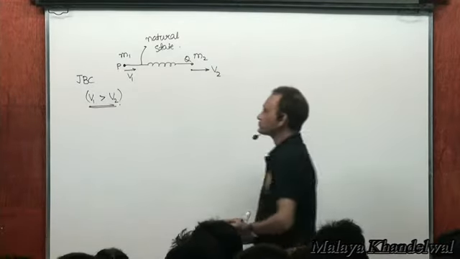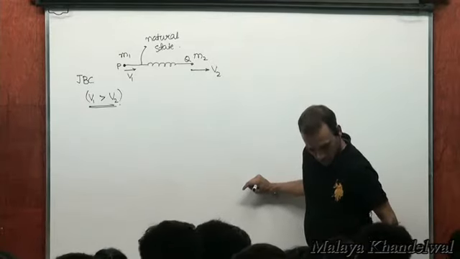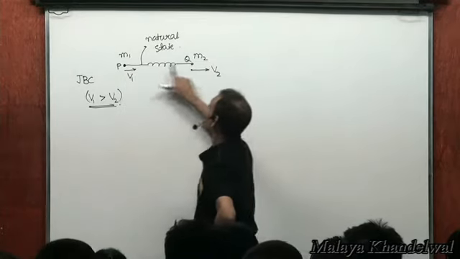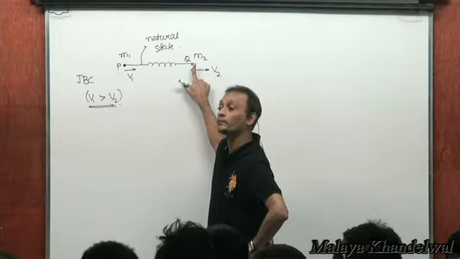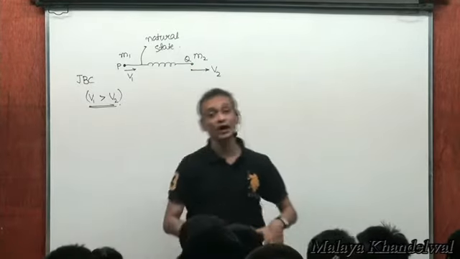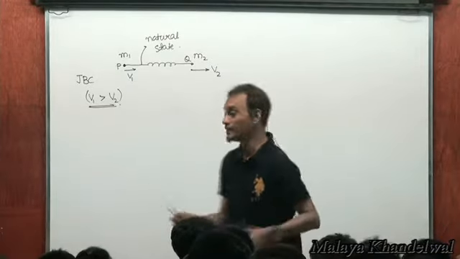Now, if this end has a velocity higher compared to this end, what would happen to the spring? It will get compressed, right? The spring starts getting compressed. Whatever I am talking of is for that short time of interaction, delta t, right?